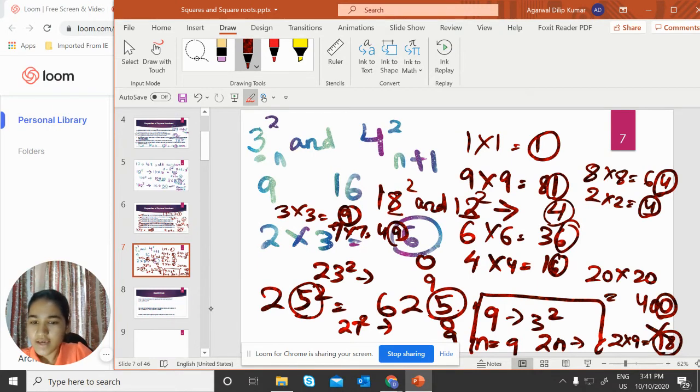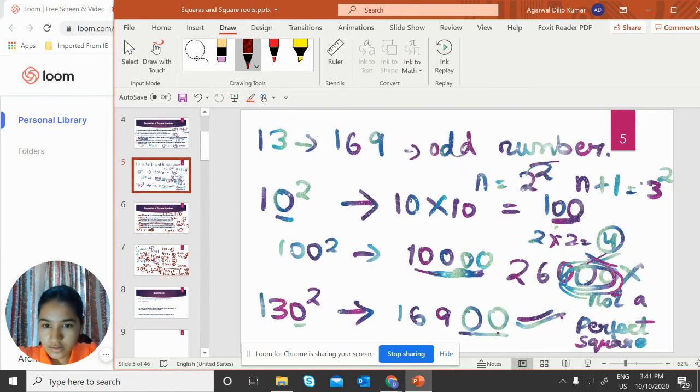It says that anything you take, if 4 is a perfect square, 2 2s are 4, but 4 into 2, 2n, becomes 8 if n is equal to 4, then 2n, 8, will never be a perfect square. Like any perfect square, okay, 16.